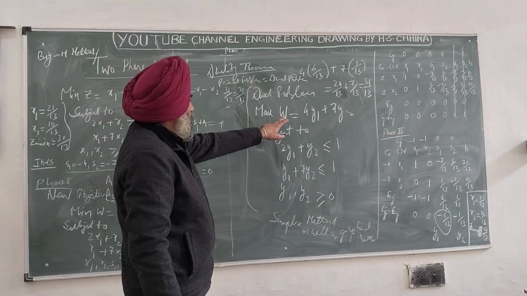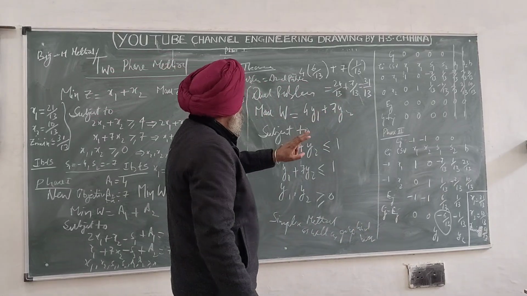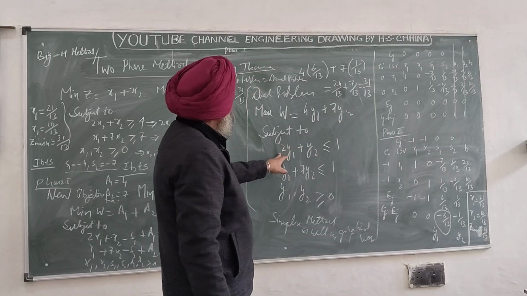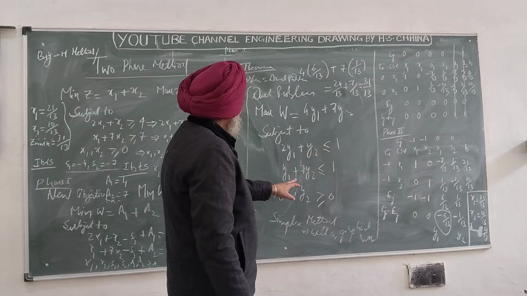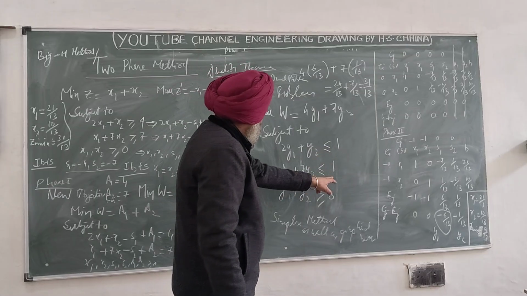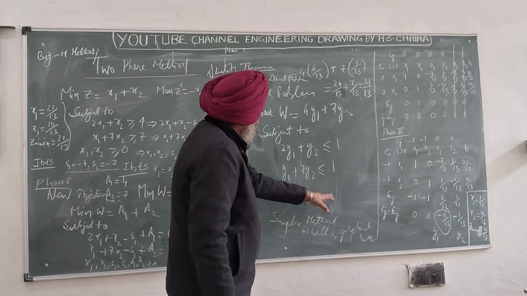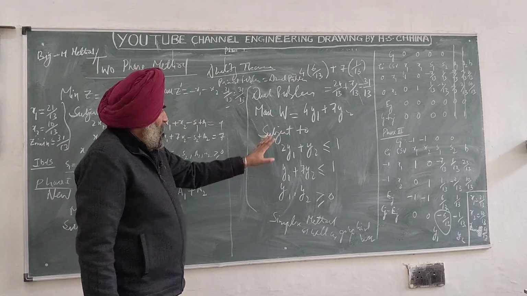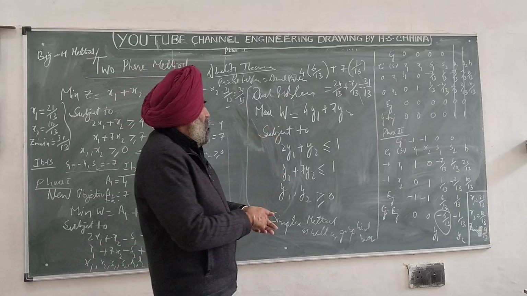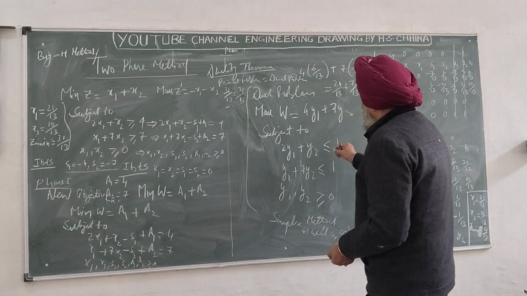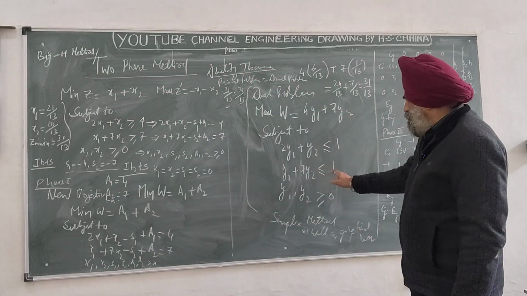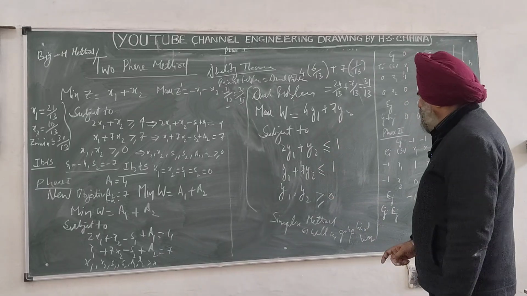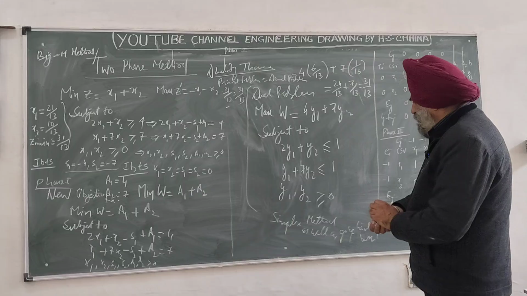This is our maximum W is equal to 4y1 plus 7y2 subject to 2y1 plus y2 less than or equal to 1, y1 plus 7y2 less than or equal to 1, y1, y2 greater than or equal to 0. Here the number of variables is 2, so the best method is the graphical. We will get the results with the graphical, then we will solve it, because the constraints are of less than or equal to type. The best method to solve this problem is the simplex method. So we will discuss it in the next class.